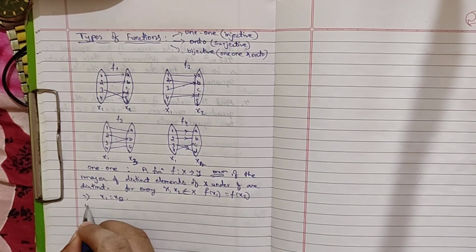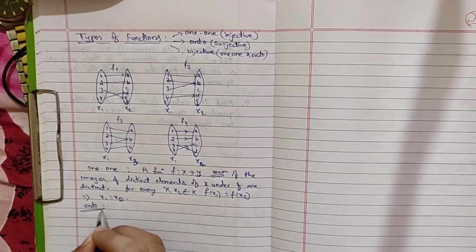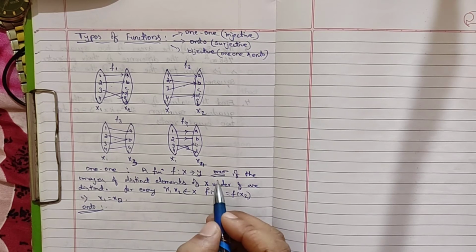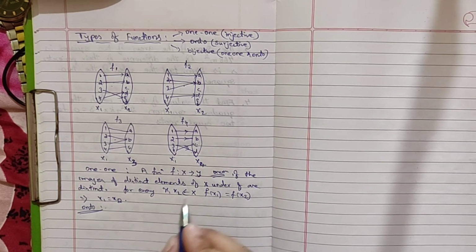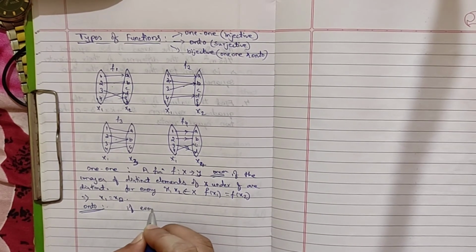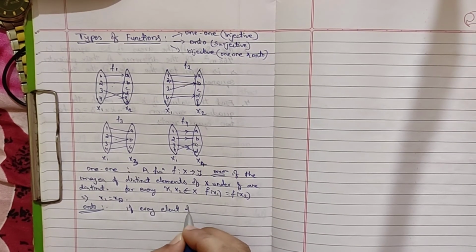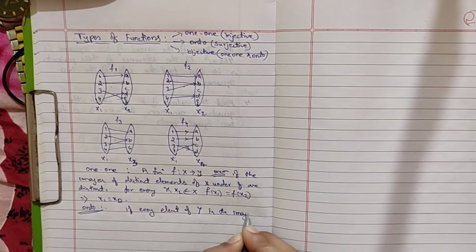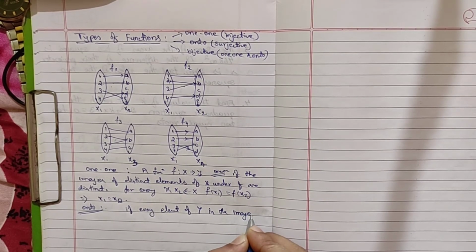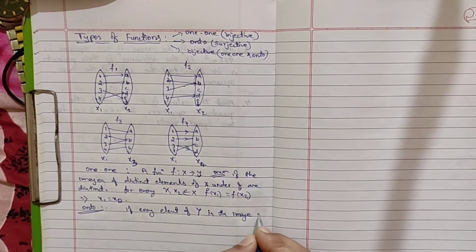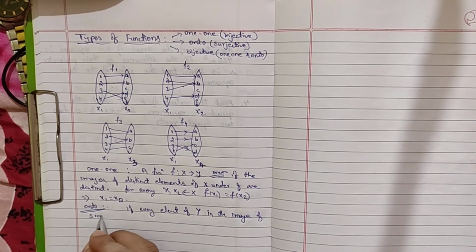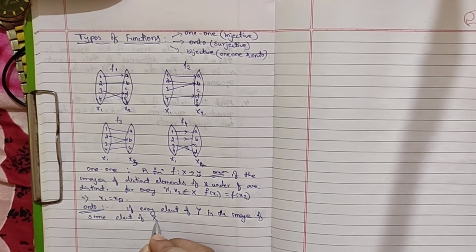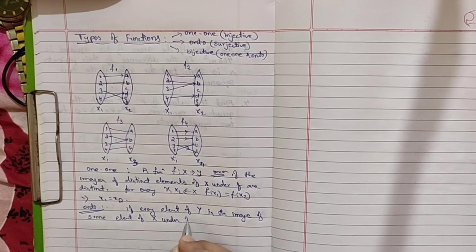Now next is the onto function. If you want to write the onto function definition: a function f from X to Y is said to be onto, also called surjective, if every element of Y is the image of some element of X under the function f.